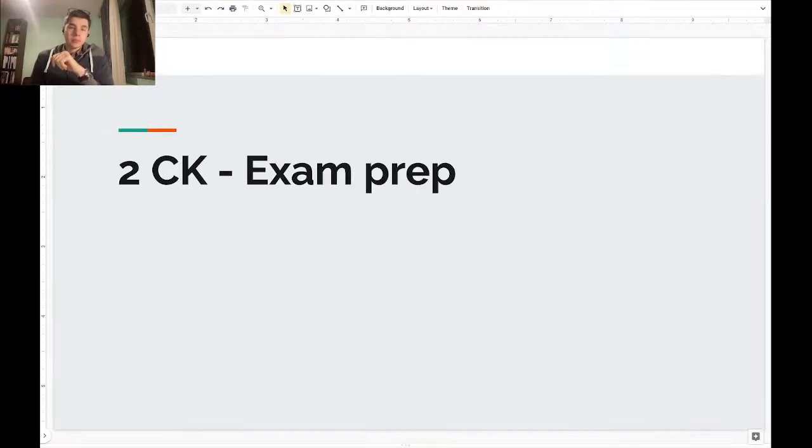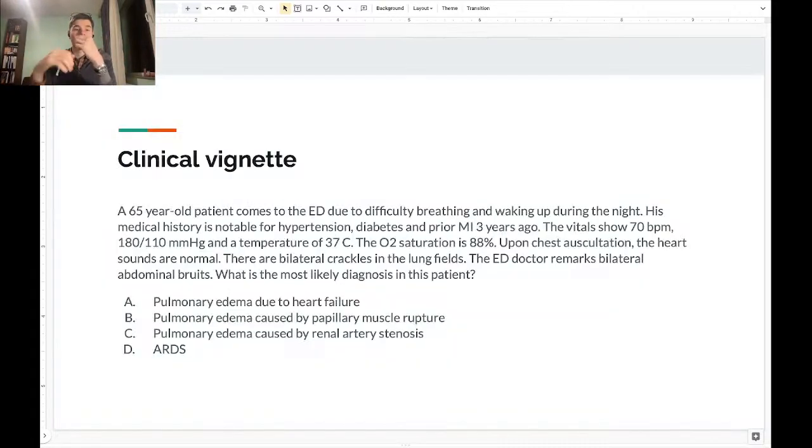Okay. Then let's start with the first clinical vignette that might make the difference between the upper percentiles at 2CK. We have a 65-year-old patient that comes to the ED due to difficult breathing and waking up during the night.